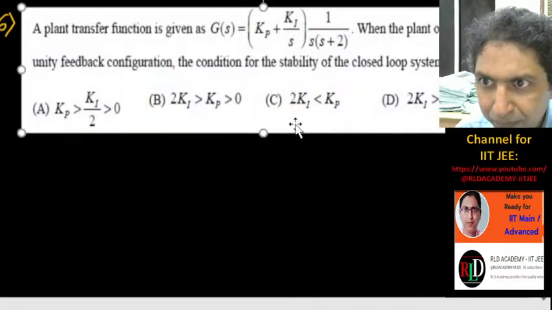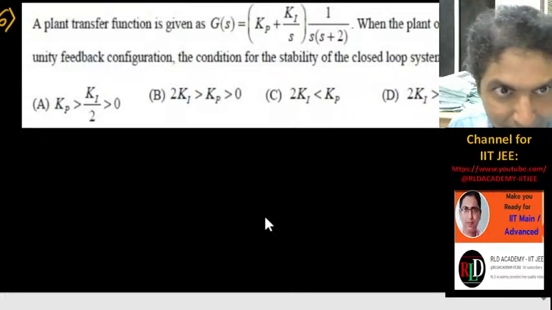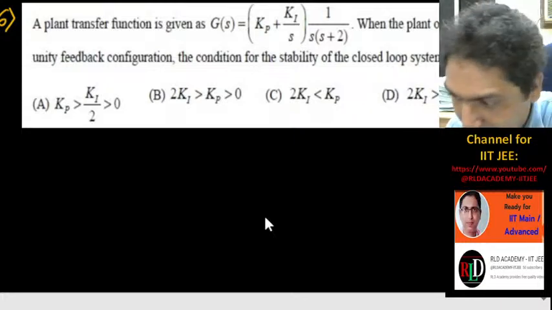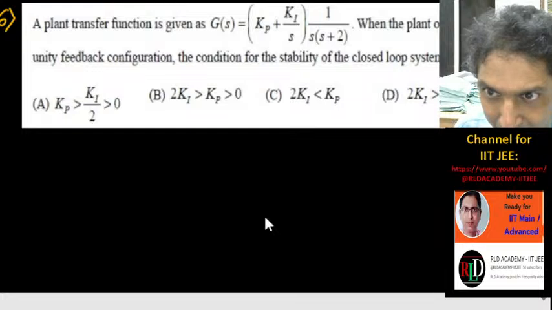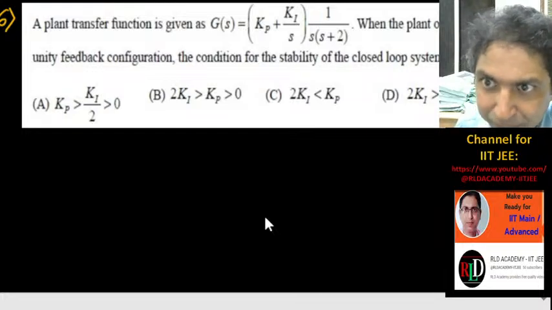Okay, next problem. Can you solve this one? I'll make it bigger. I think you can do these things by yourself. So one plant transfer function is given.